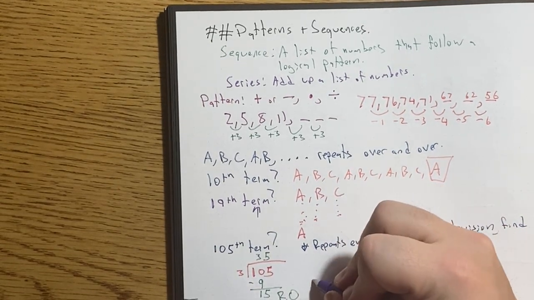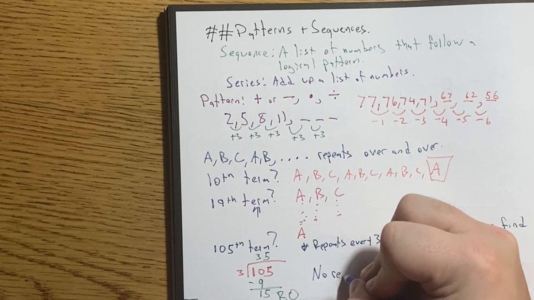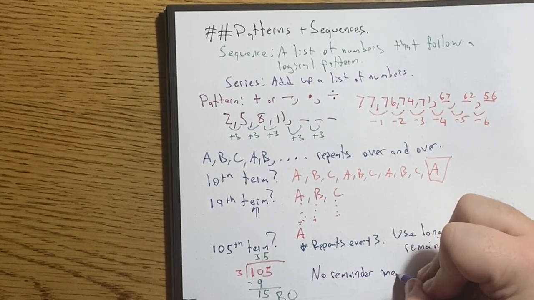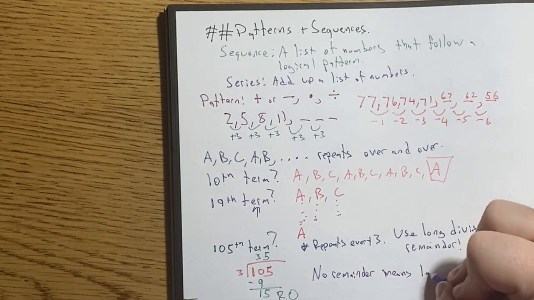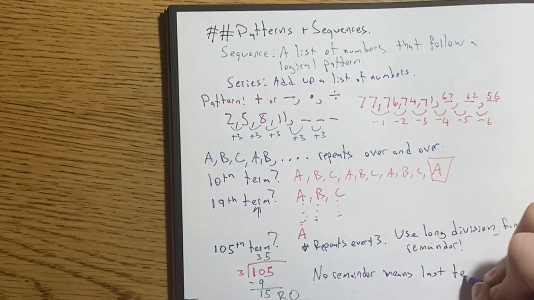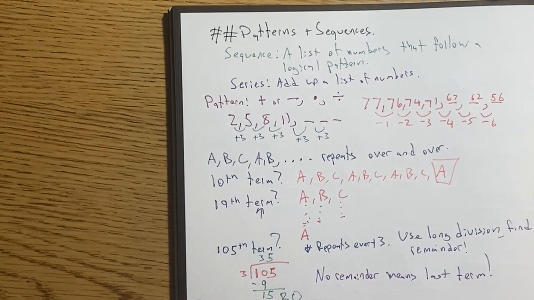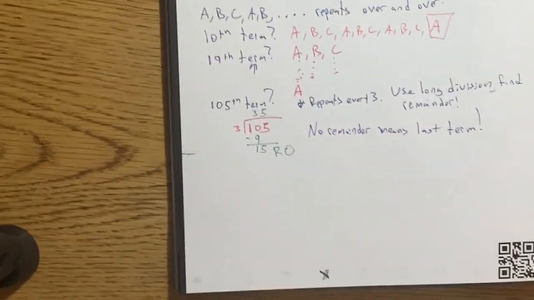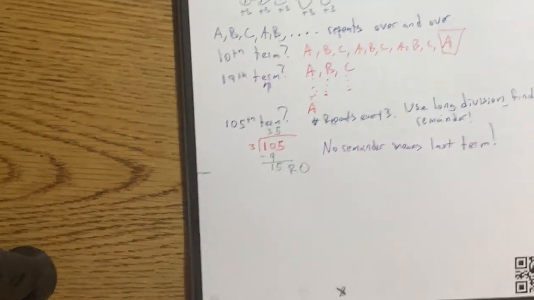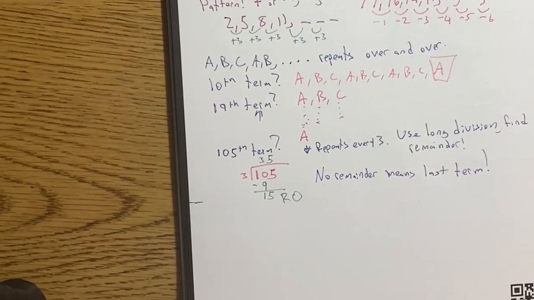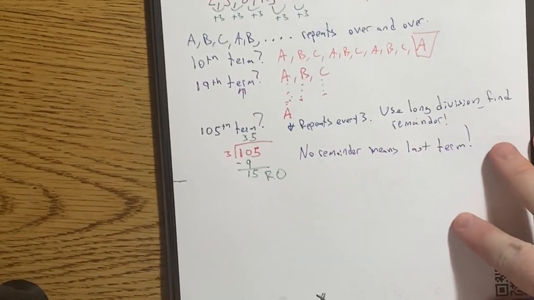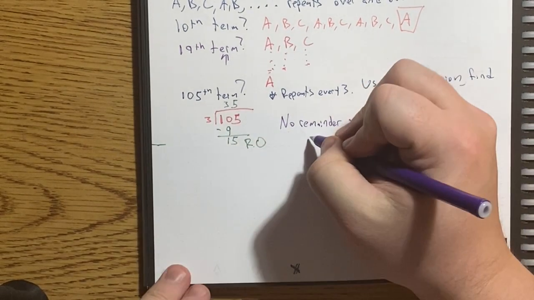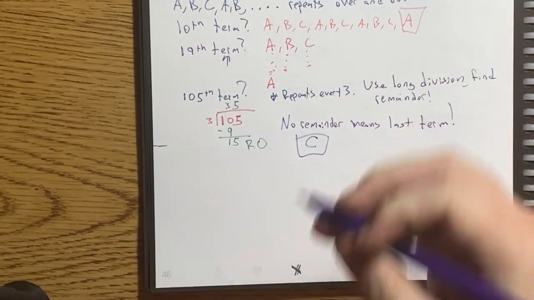No remainder means it's the last term, which means the answer is C.